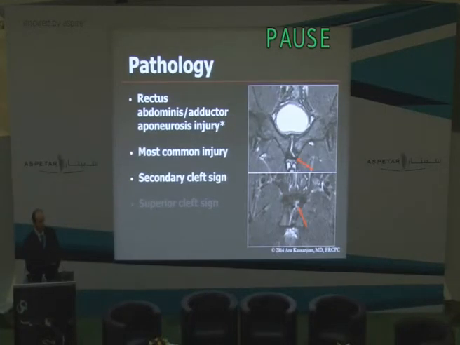We saw some of this earlier, and this is supposedly one of the more common injuries to this site. And with the MRI, the classic finding that we see is a secondary cleft sign, as you see here on a coronal and axial fat-suppressed images. These are STIR images.